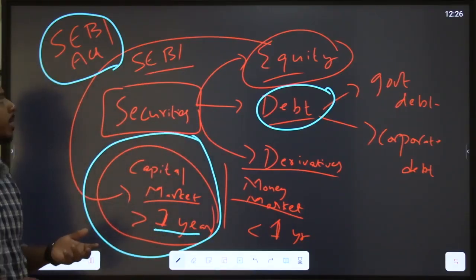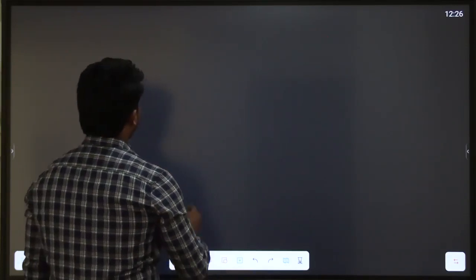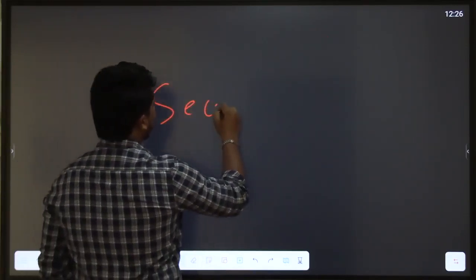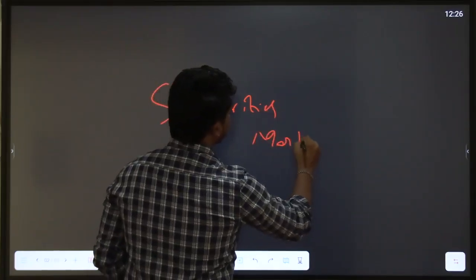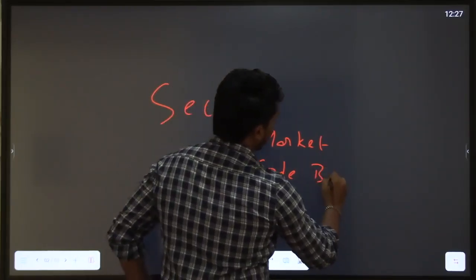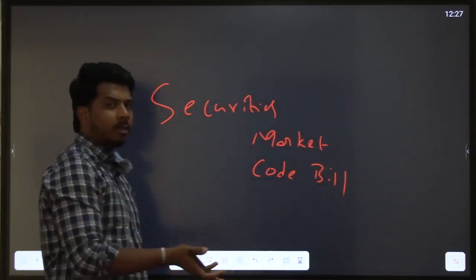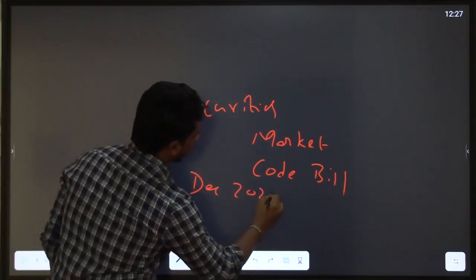So government is also bringing a new act here, called the Securities Market Code. The Securities Market Code Bill was introduced in Lok Sabha in December 2025, I think. It still has to get approved.